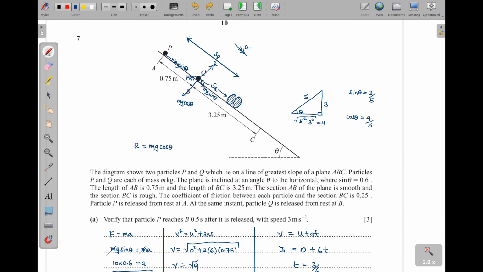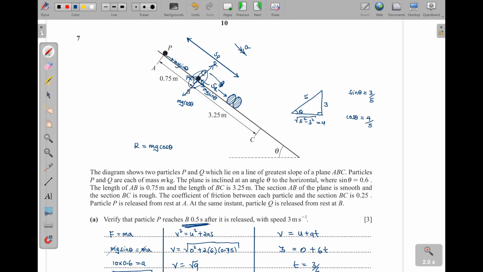Q has been in motion by the time P reached here. Remember, they both were in motion. So this one was in motion as this one was also in motion. By the time P reached here, it had taken 0.5 seconds. So even Q had taken 0.5 seconds, maybe it was around here.